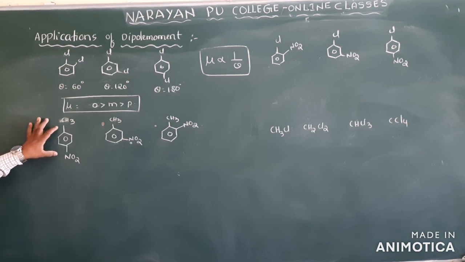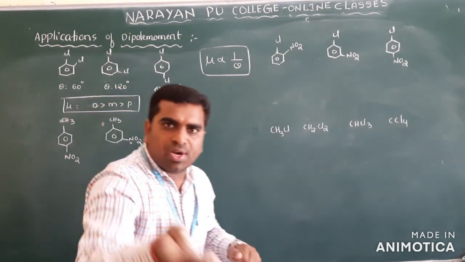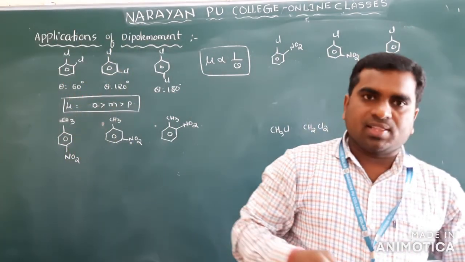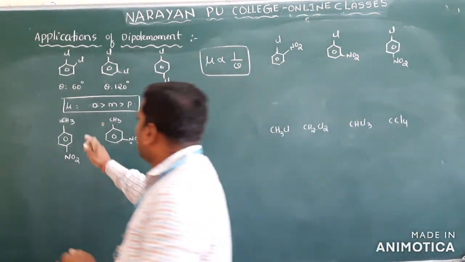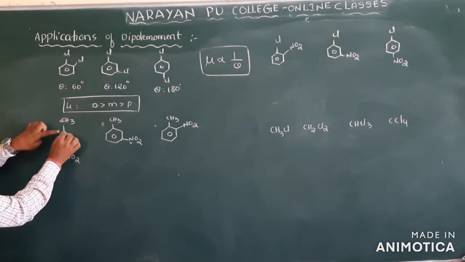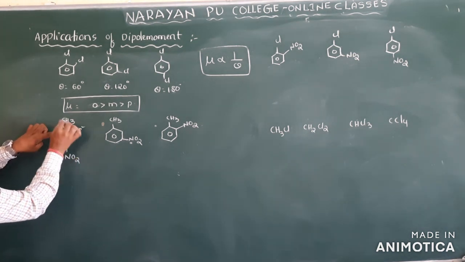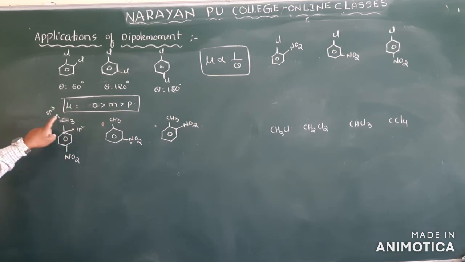So now the next case. If you see this one, CH3 is an electron donating group, that we will discuss in organic chemistry. It always gives electrons to others. Here carbon is there. It is an sp2 carbon, and this is an sp3 carbon. sp2 carbon is more electronegative than sp3 carbon.